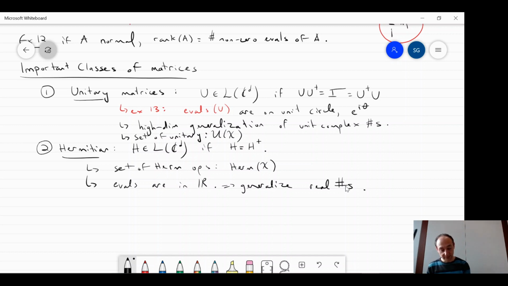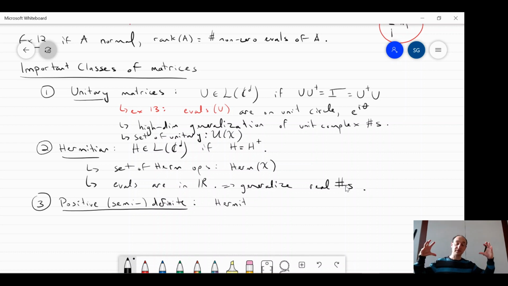All right. The third set, okay, I lied. There are 4 sets of operators we're going to define. The third one is the positive operators. We might call them positive semi-definite. This is just going to be a Hermitian matrix. So Hermitian is going to be the biggest class.